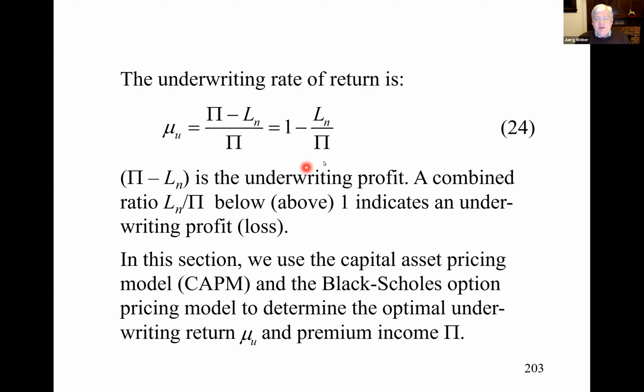You can also write it down in this form, just rearrange the equation, and then we have here the combined ratio. So a combined ratio below 1 indicates an underwriting profit. Let's make an example here.